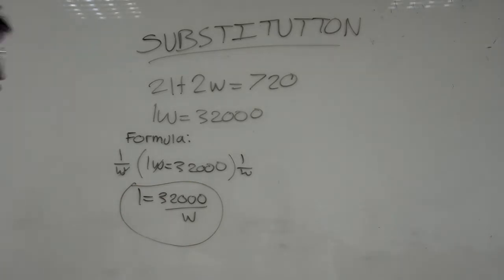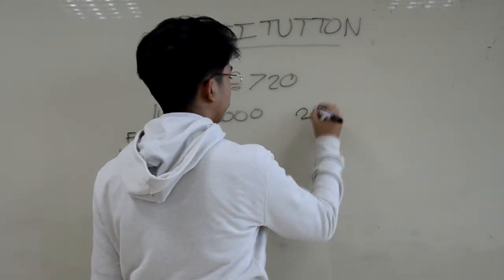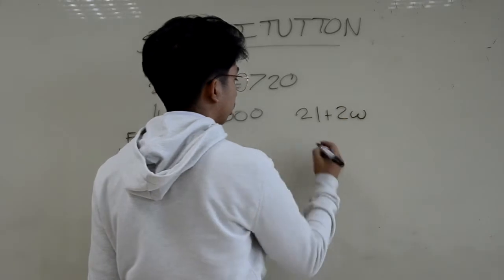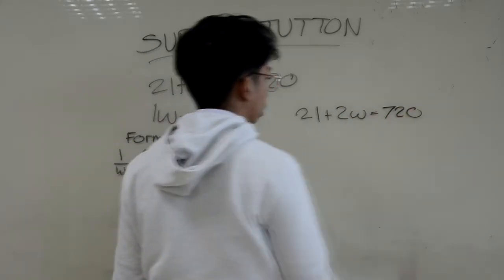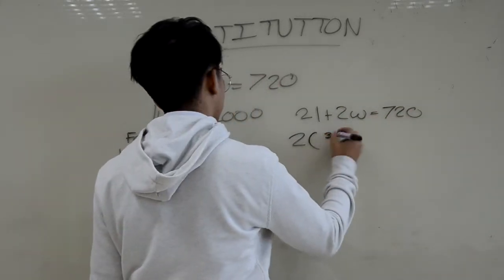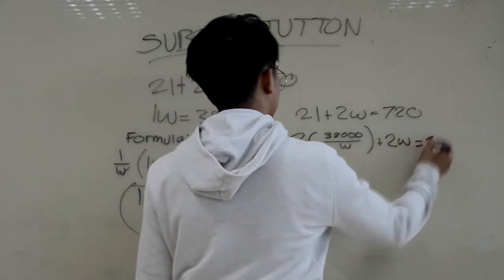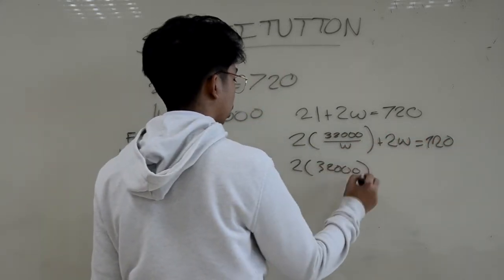After that, we substitute the length equation into the perimeter equation, and it would be 2 times 32,000 over W plus 2W equals 720. Then we simplify.